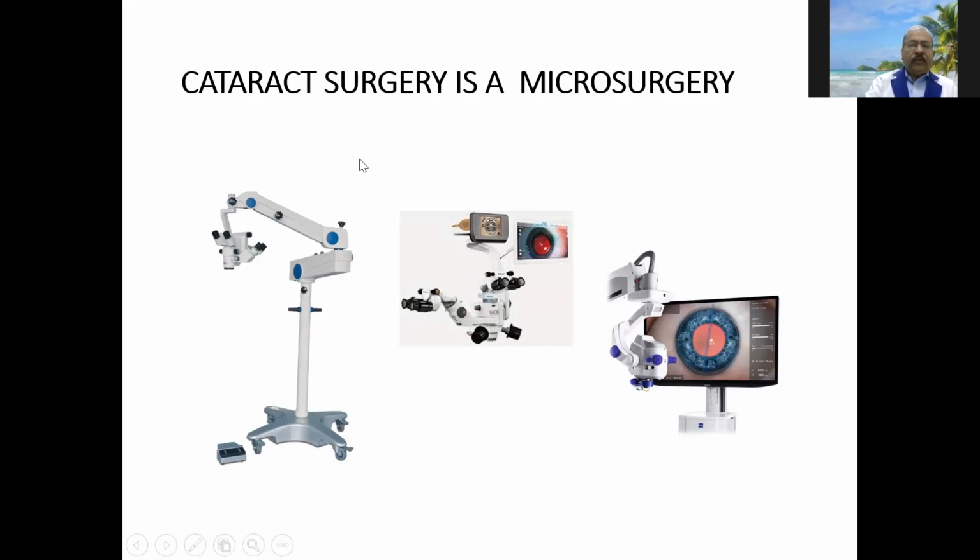This part of the microscope is called the ocular, and a bright light is reflected on the eye, and the reflected back light is seen through these optics, and thereby we can see very fine, minute details of the eyeball, and we can operate very precisely.